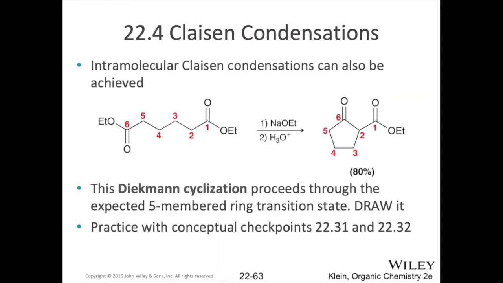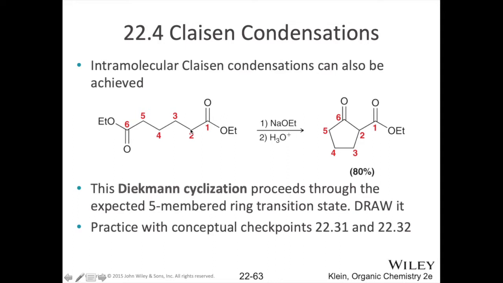Okay, so we can do an intramolecular version of Claisen condensation here. You can basically have your nucleophile and your electrophile within the same molecule. All right, so you can see here basically carbon number 2 is our nucleophile, and it connects to carbon number 6.